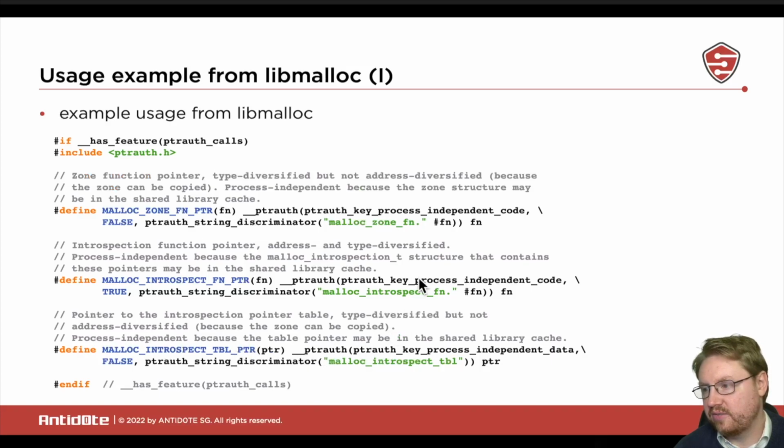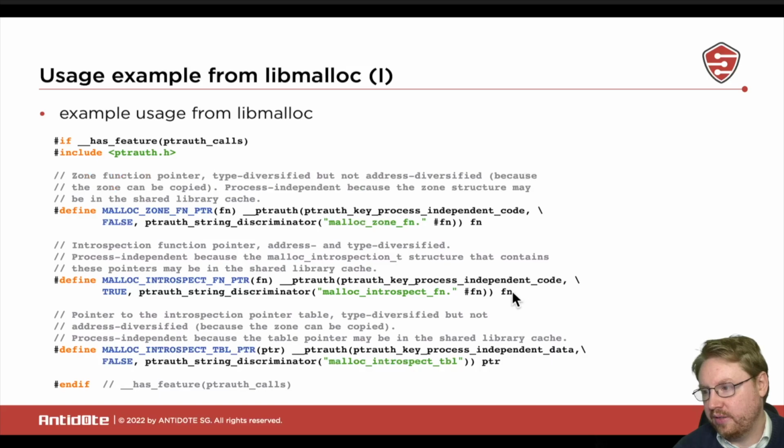And you can see it defines different kind of pointeroutz macros. It tells here, okay, this here is using a process independent code. So this function pointer is protected with a key that is process independent.